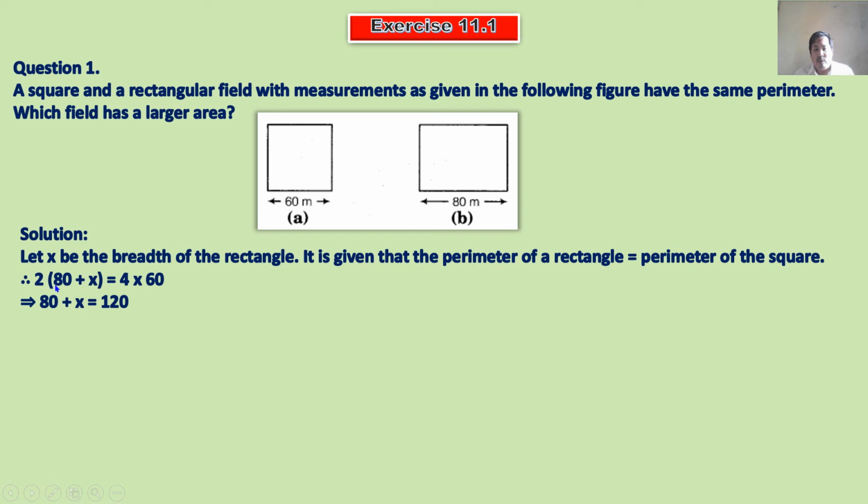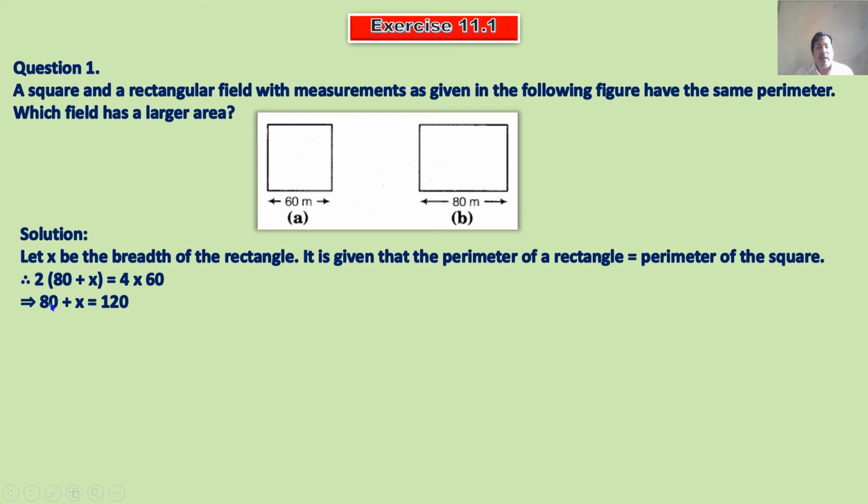In that way you can find, but one step has been skipped, isn't it? So this 2 will divide here. So actually it is 240. If you divide 240 by 2, you will get 120, isn't it?